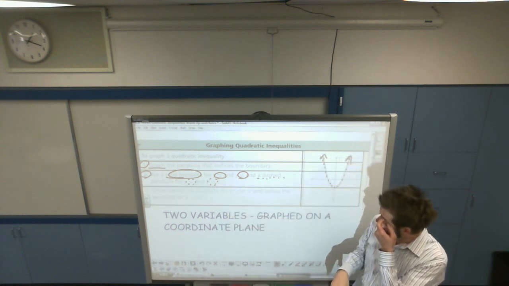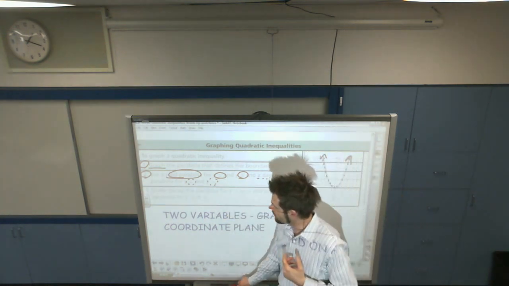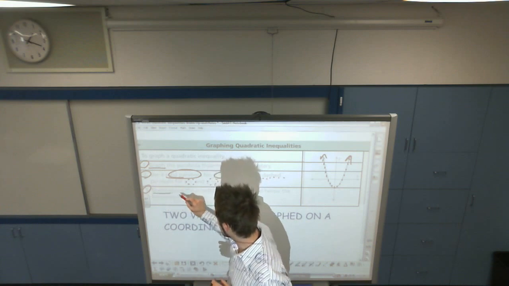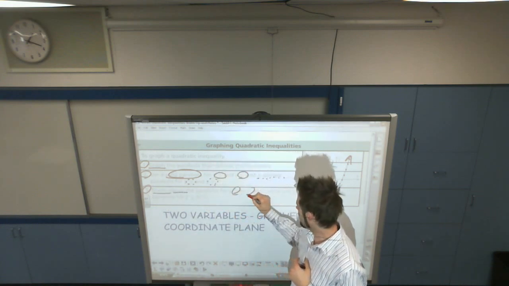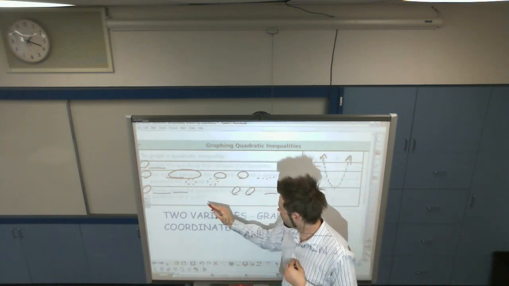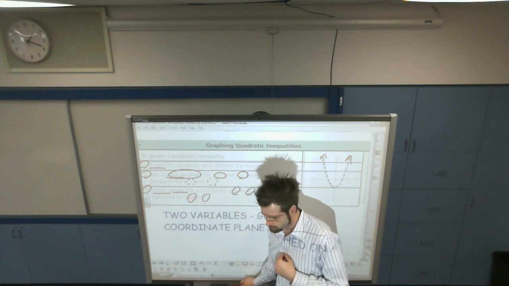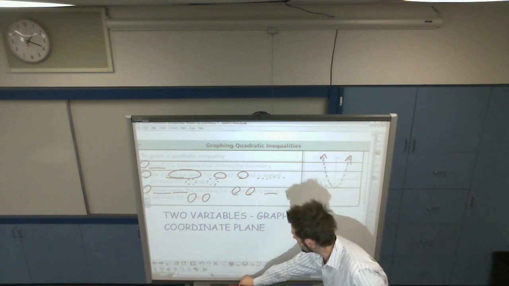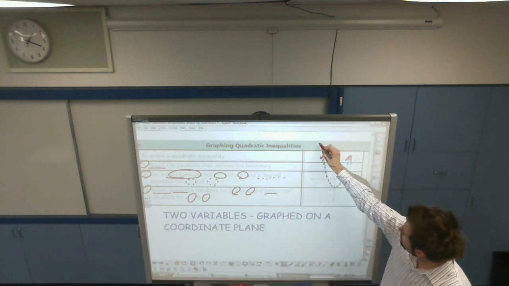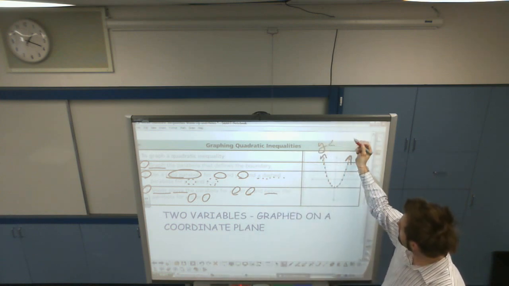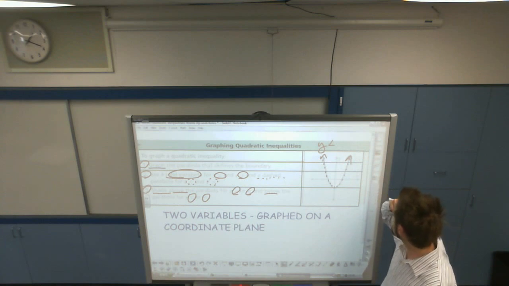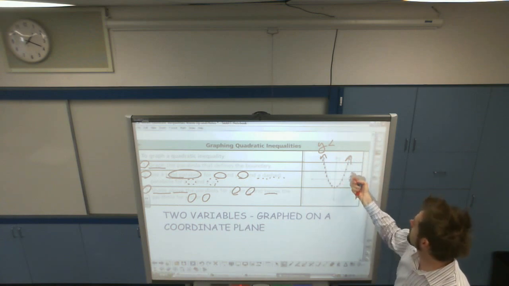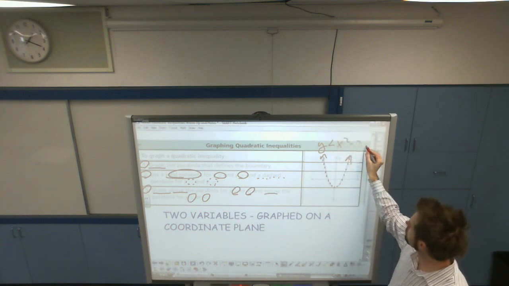And then step number 3 is to shade. Just like the warm-up again. Shade above for greater than or equal to, and below for less than or equal to or less than. Exactly like the warm-up. So if this guy was a y is less than, this looks like maybe x squared minus 2 or something.